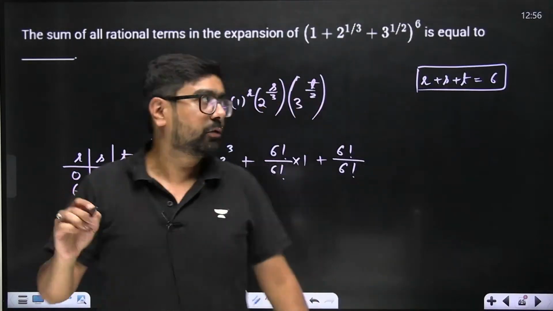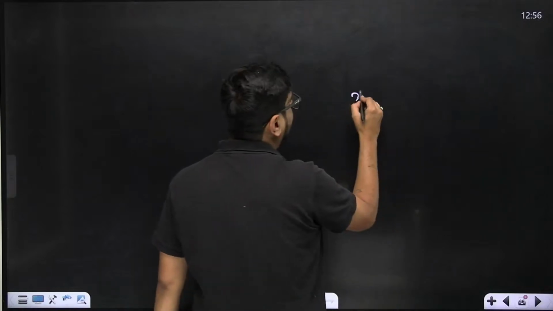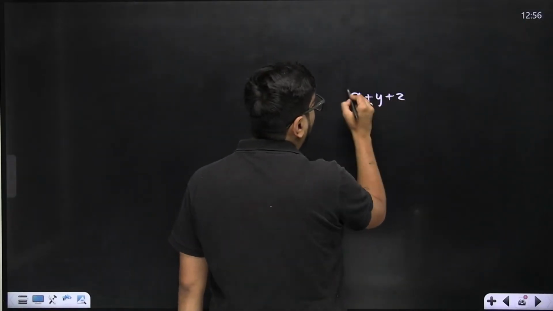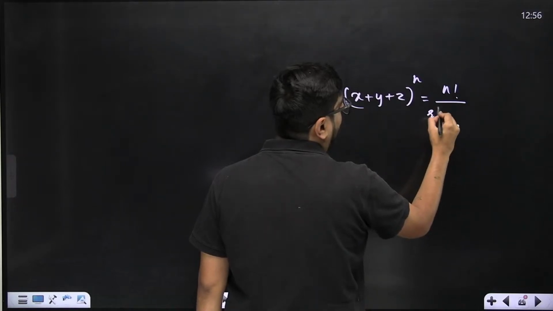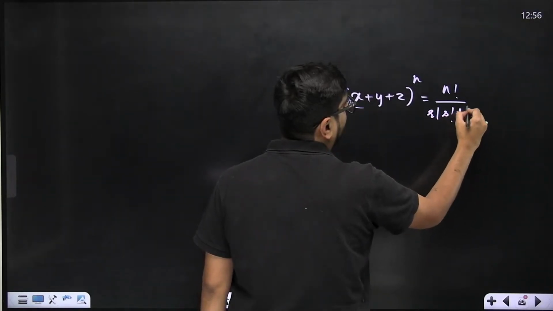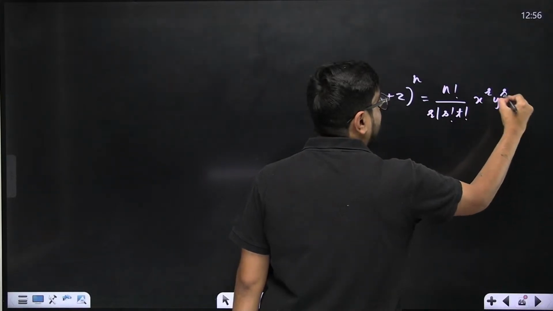What is the multinomial theorem? (x plus y plus z) to the power n is equal to the summation of n factorial divided by r factorial, s factorial, t factorial, multiplied with x to the power r, y to the power s, z to the power t.